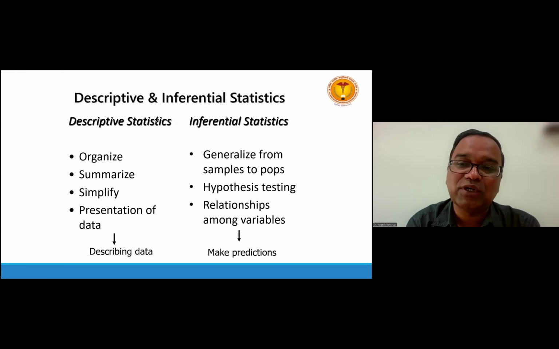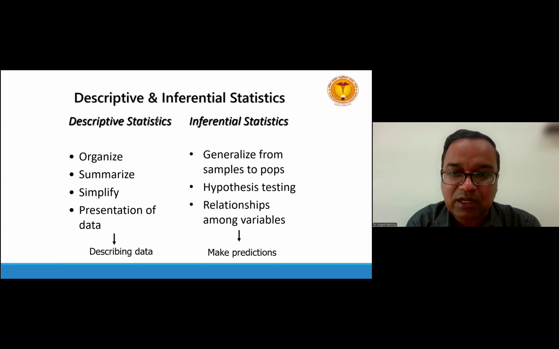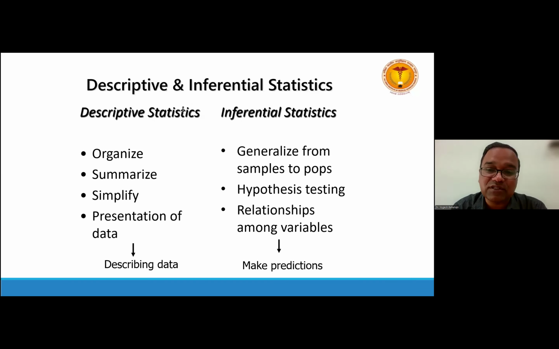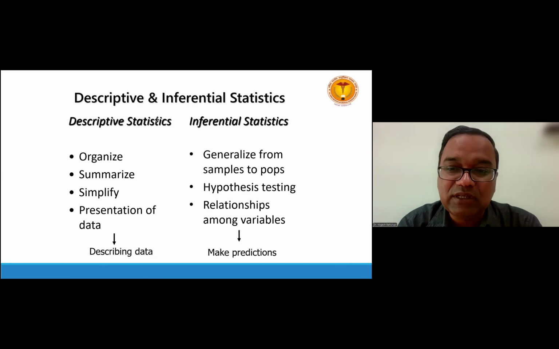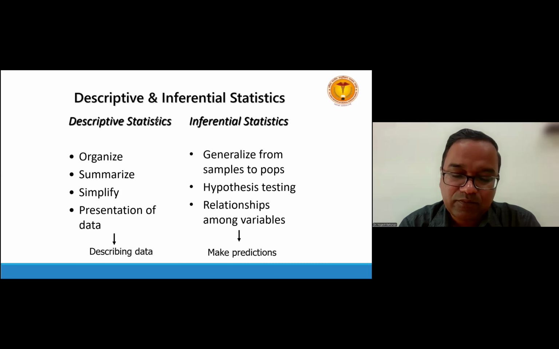We take a sample that is a subset of a larger population, so whatever our findings from the sample are will be applicable to the larger population. So we would be either doing hypothesis testing, checking the relations among two variables, or generalizing our data from the sample to the population. This part is basically about making predictions or generating inferences.